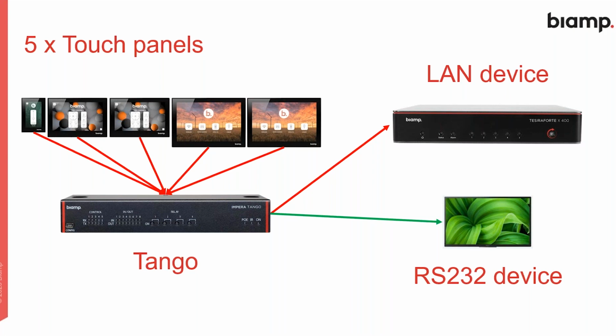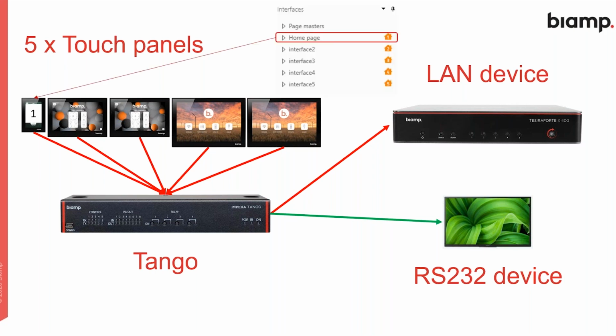Now in here, the way I program this is inside the Tango, inside Project Designer, I actually program or select 5 different control interfaces. So these are homepage, interface 2, interface 3, and you can see on the right-hand side here which interface this is.